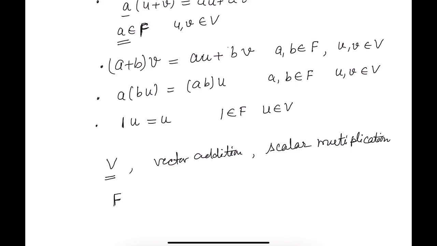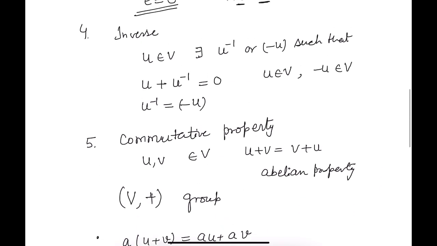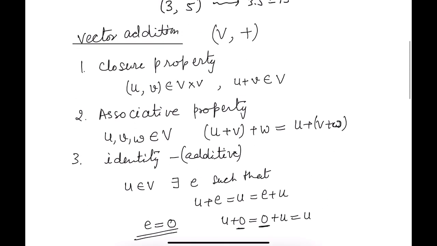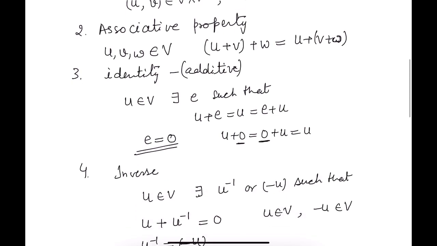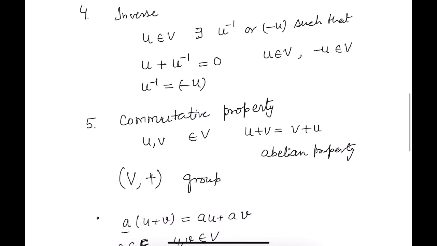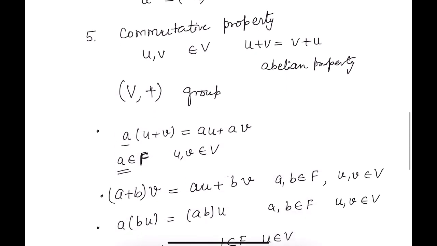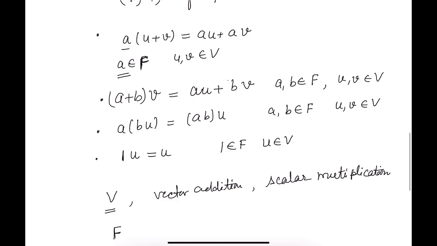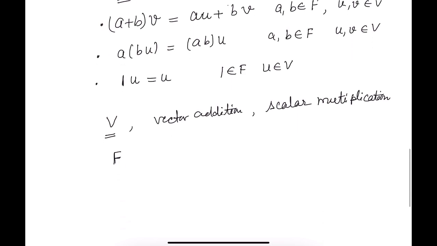So V over a field F, together with two operations, vector addition and scalar multiplication, is called a vector space if all these properties listed here are satisfied: the closure property, associative property, identity property, existence of inverse, commutative property, and these 4 properties with respect to scalar product.